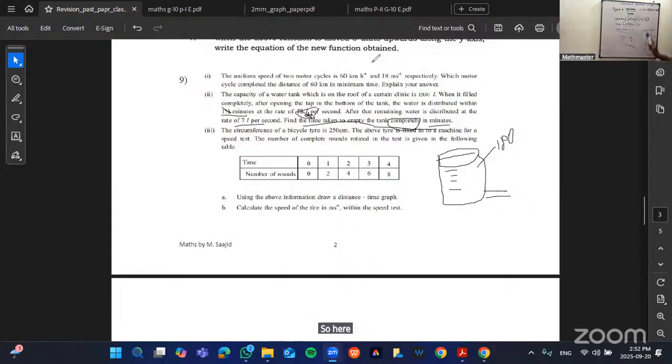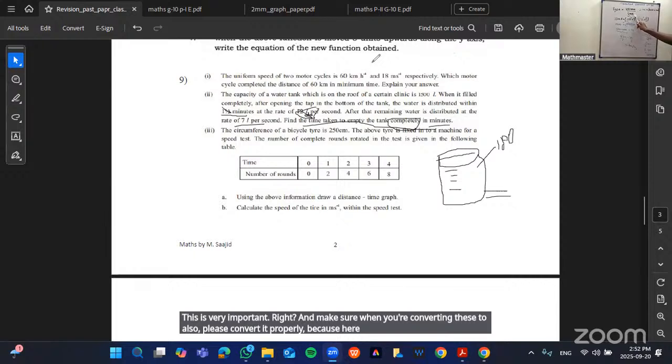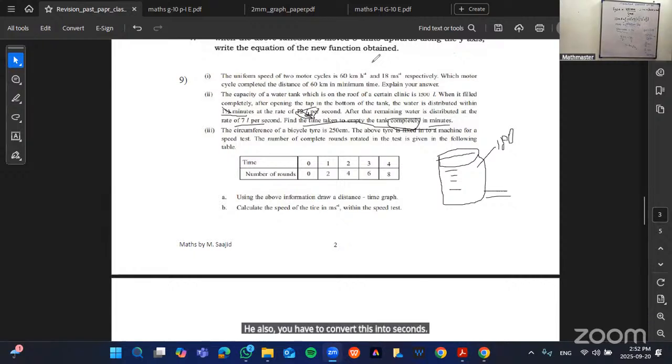So make sure to write this conversion, seconds into minutes. This is very important. And when you're converting, please convert it properly, because here they are given in seconds, so here also you have to convert into seconds. You get the answer T as 60 seconds.